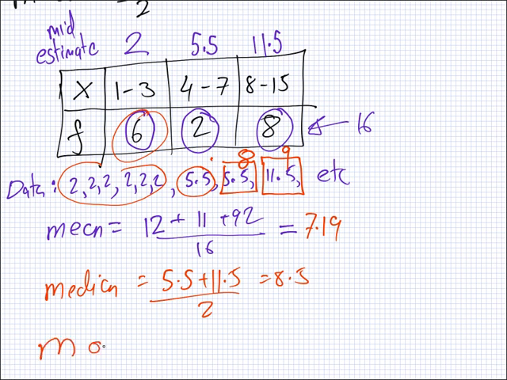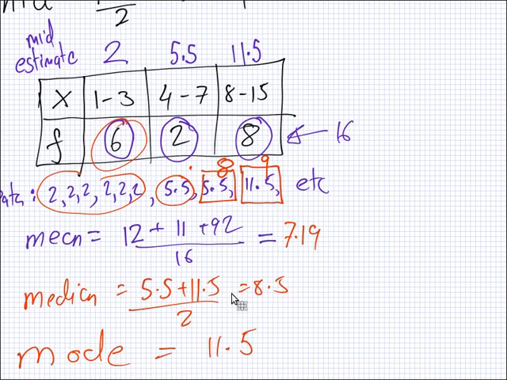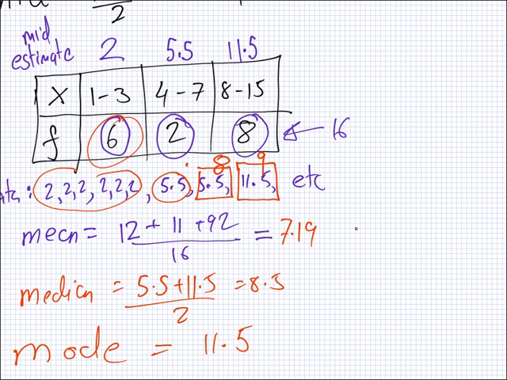What is the mode here? 11.5. Yeah? And then lastly, what is the midpoint here? Well, it's not 100% clear. Do we use 2 and 11.5, or maybe we should use 1 and 15?